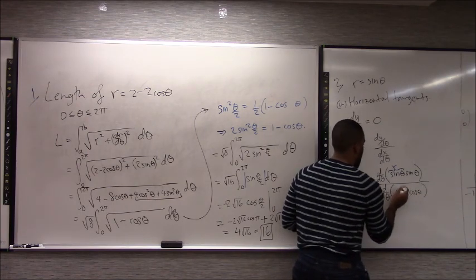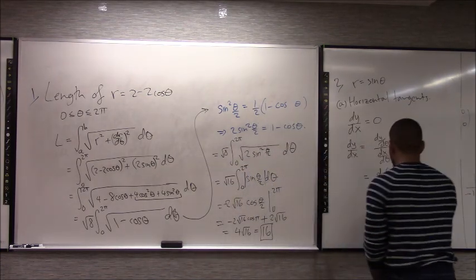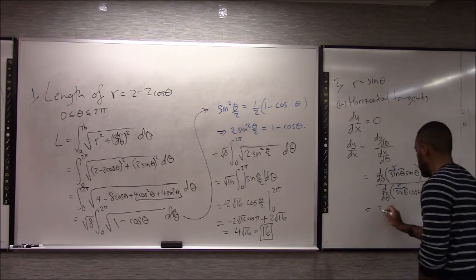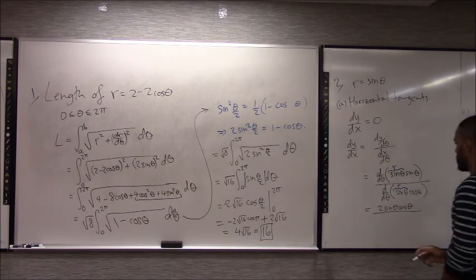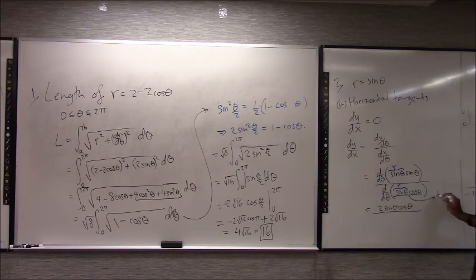That's your dx. Now I can think of the numerator as sine squared, so the derivative of that is 2 sine theta cosine theta with the chain rule. And this denominator is just 1/2 sine 2 theta.